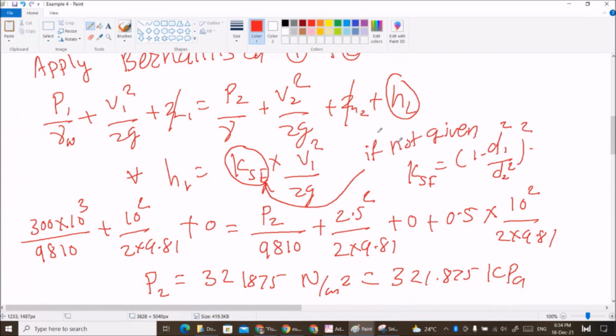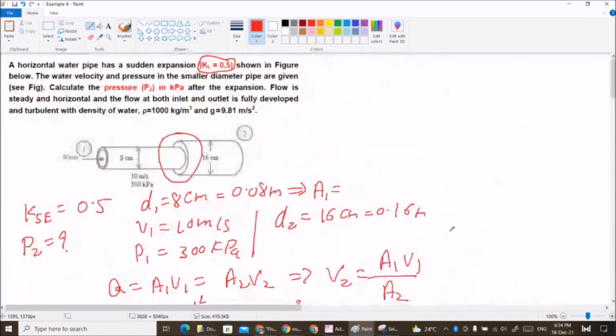Okay, and then V1 square, so we can find out the K value. So the same answer we will get here, 0.5225 or something, and you can put this value whatever is here. Okay, so whether it is given or not given, you can find out.